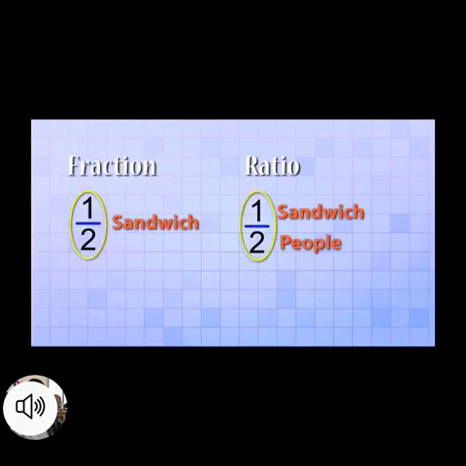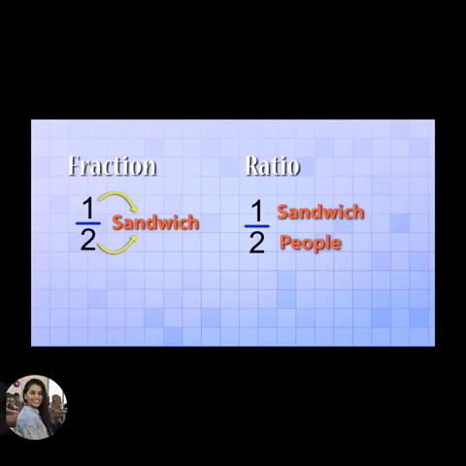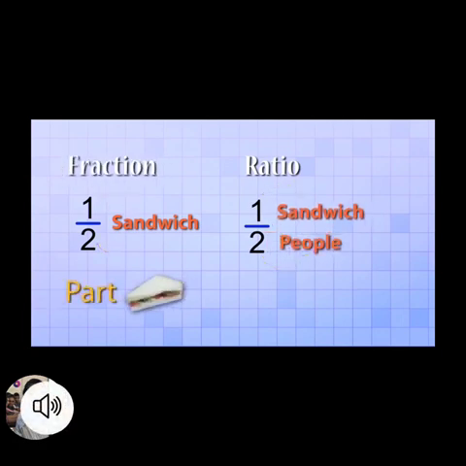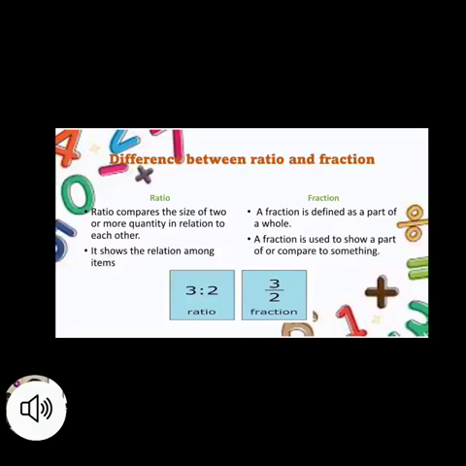The math part of them is the same, but for the fraction, both the top and the bottom number refer to the same thing, the sandwich. With the ratio, the top and the bottom number refer to different things, sandwiches and people. The fraction shows the part of something, but the ratio shows the relation or comparison between 2 different things. So, 2 people at a picnic, how much sandwich does a person get? Half a sandwich. So now you know the fraction and the ratio are basically the same thing, but they are used differently in maths.